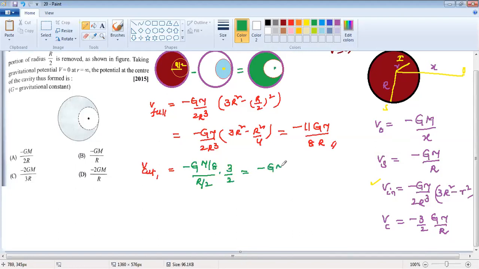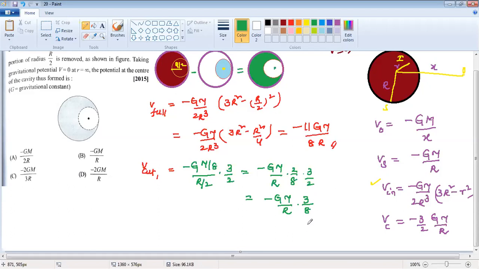Minus GM by r into 2 by 8 times 3 by 2. Now this is minus GM by r into 3 by 8.